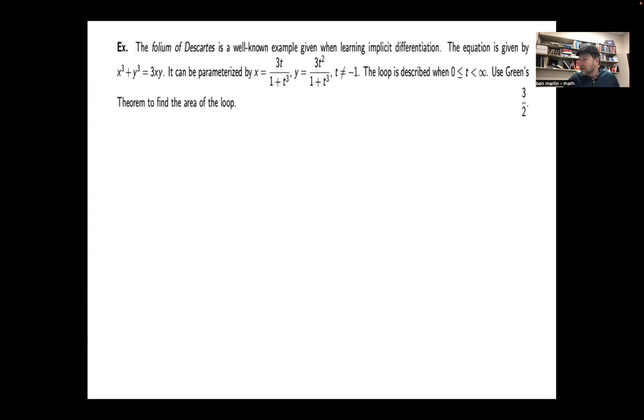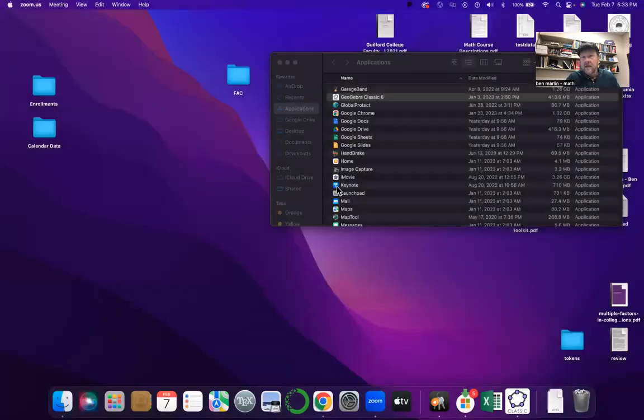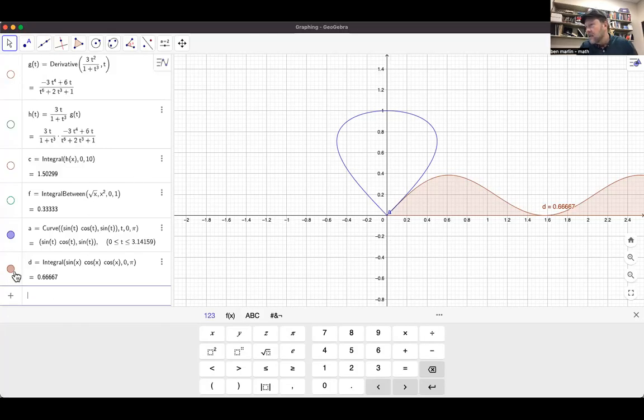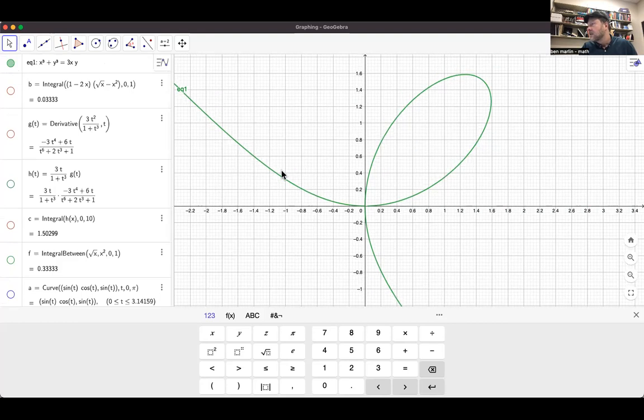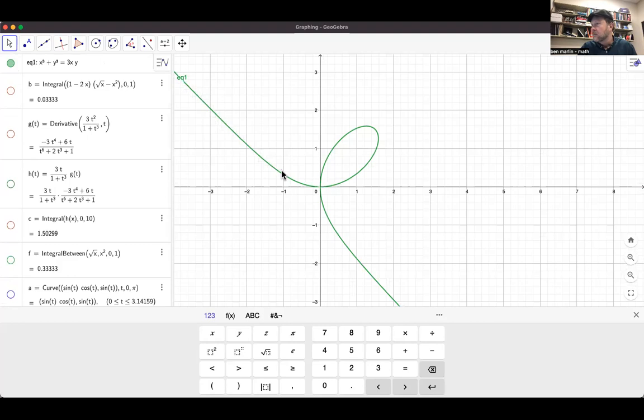If we're wanting to see what that looks like, I'm going to stop sharing there and go back to my GeoGebra and find the folium. There. I have to zoom in a little bit so that you can see it. So the folium of Descartes looks roughly like that, okay?